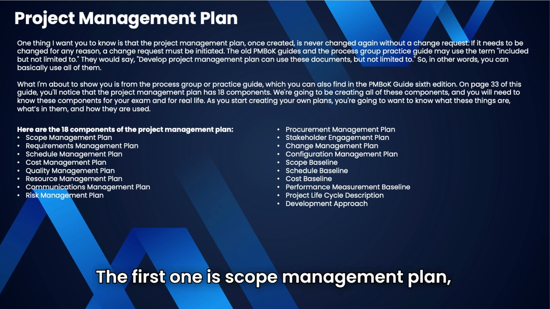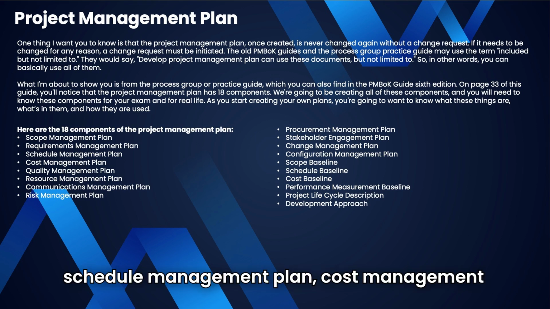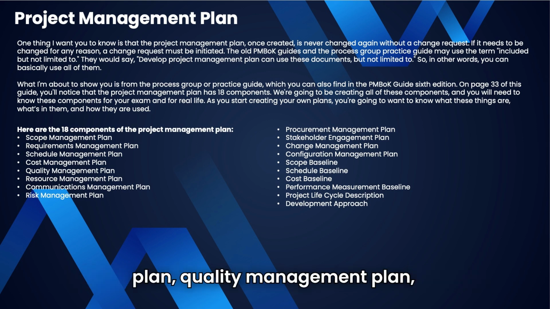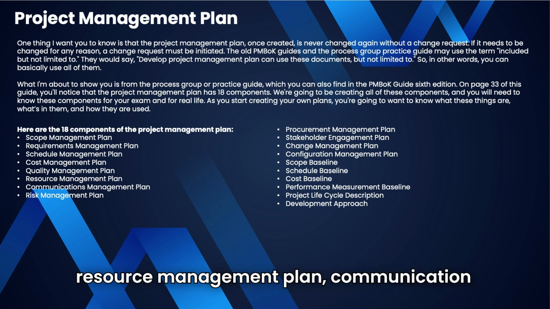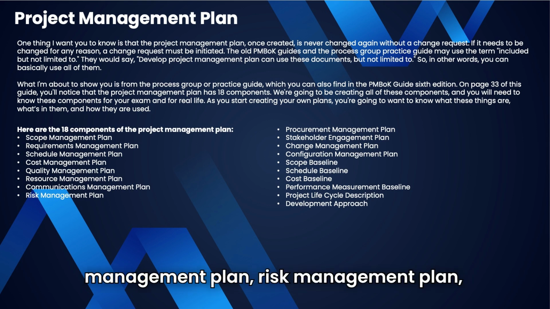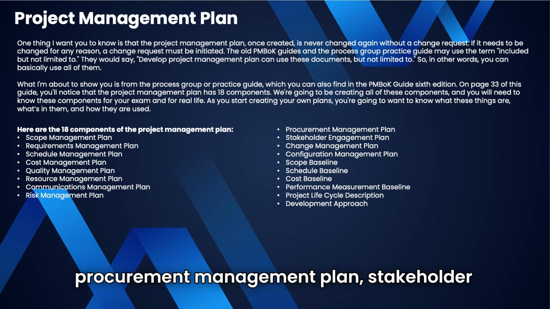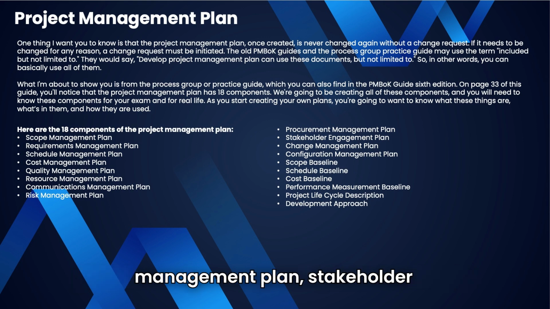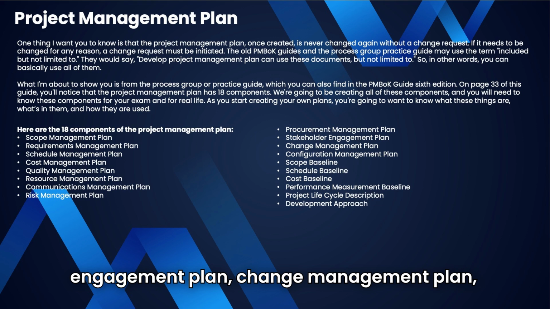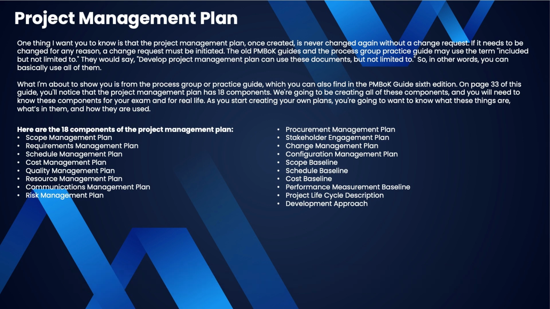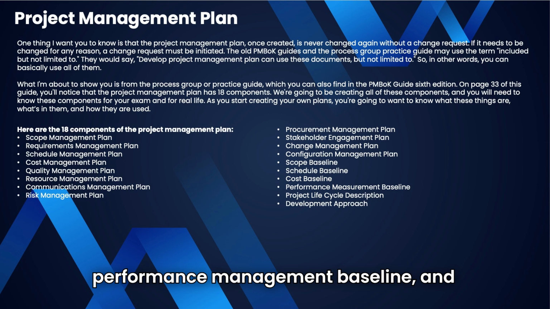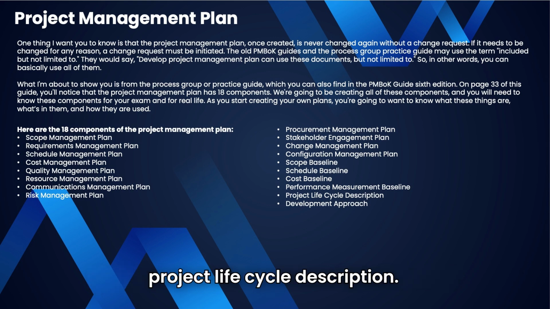The first one is scope management plan. Then next, requirements management plan, schedule management plan, cost management plan, quality management plan, resource management plan, communication management plan, risk management plan, procurement management plan, stakeholder management plan, stakeholder engagement plan, change management plan, configuration management plan, scope baseline, schedule baseline, cost baseline, performance management baseline, and project lifecycle description.